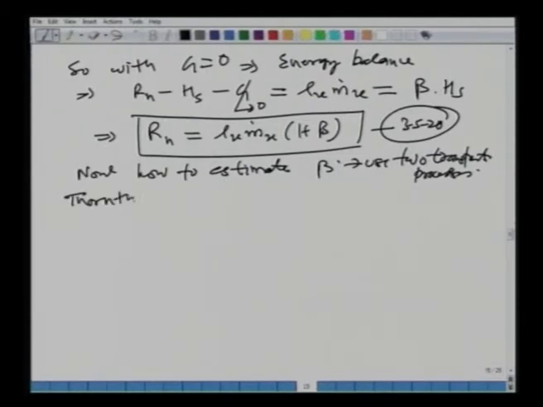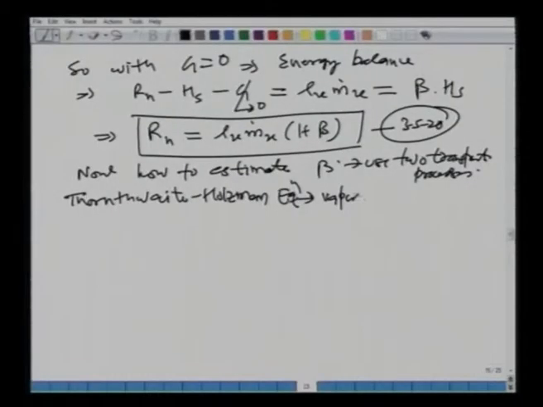In the Thornthwaite-Holzman equation, in deriving that, which were the two transport processes we used? One was the vapor transport and the other was the momentum transport.